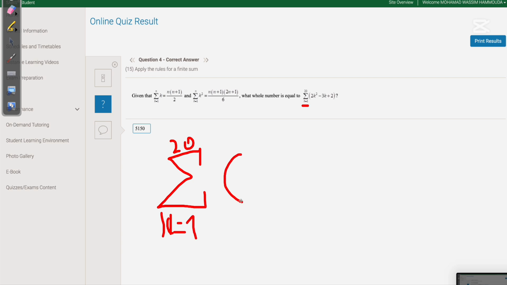So 2x squared minus 3x plus 2. Put this on your calculators.